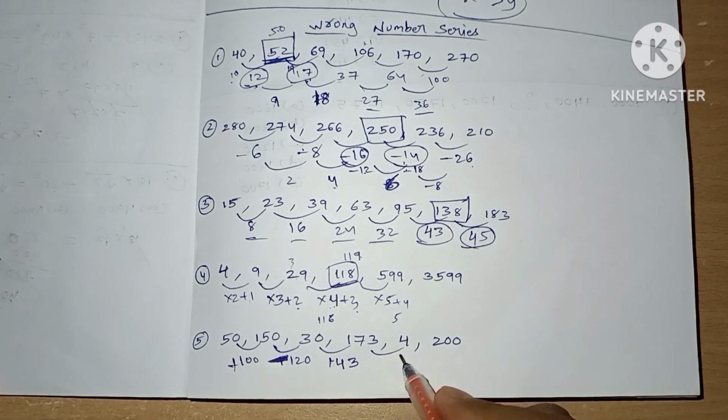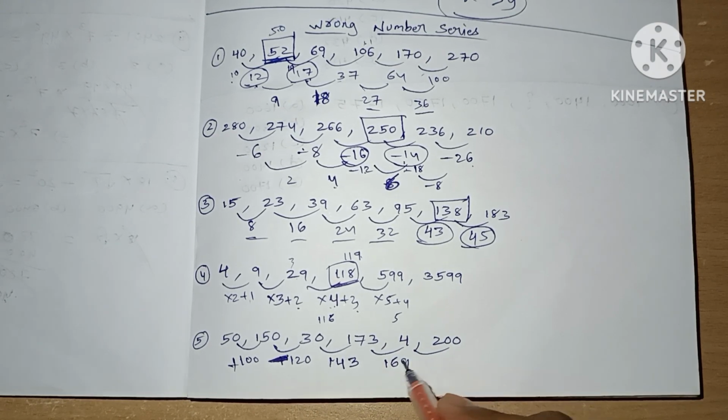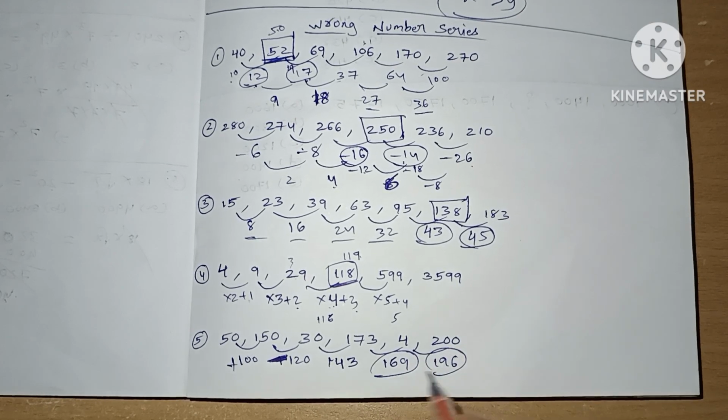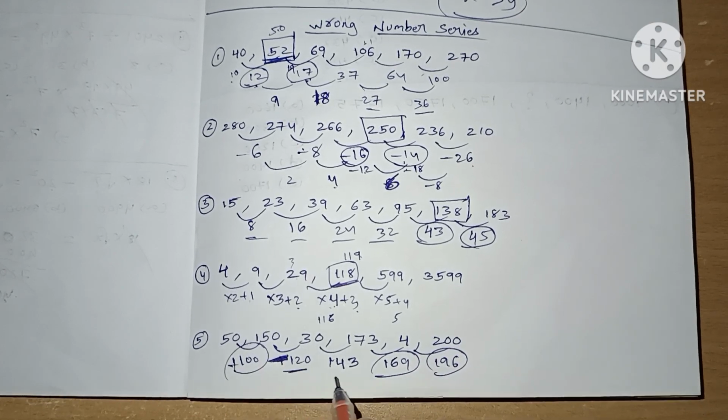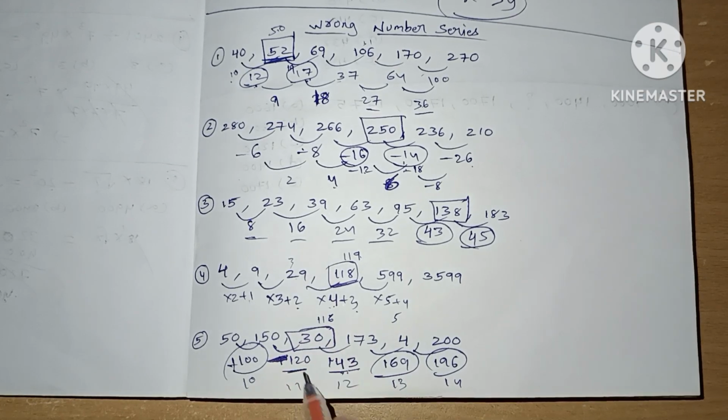Here the difference between these two is 169. Here the difference between these two is 196. These are square numbers, but these two are not square numbers. This is 10 square, this is 13 square, this is 14 square. So it must be 11 square and 12 square. So these two are wrong numbers, which means this is our wrong number.